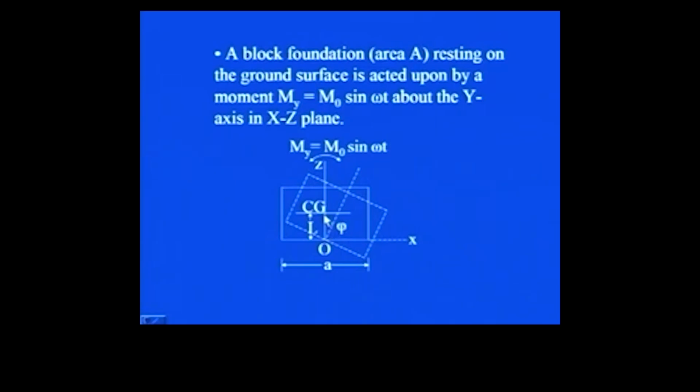And if this angle is equal to phi, that is, the rotation angle is phi, how can we analyze this particular situation? Because you have to get the corresponding value of the soil spring constant, and for that you first have to get the natural frequency when this type of vibration is occurring.